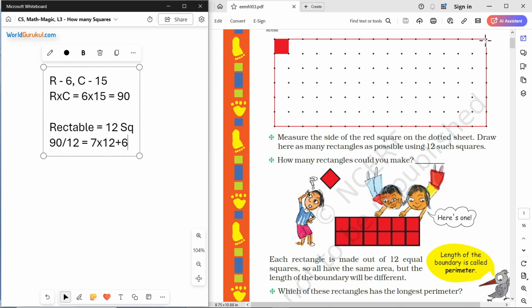So 15 is not even number. Let us leave 1. So it will be 14. 14 columns divided by 2 is 7. So we can make 7 rectangles of 12 squares each, right?